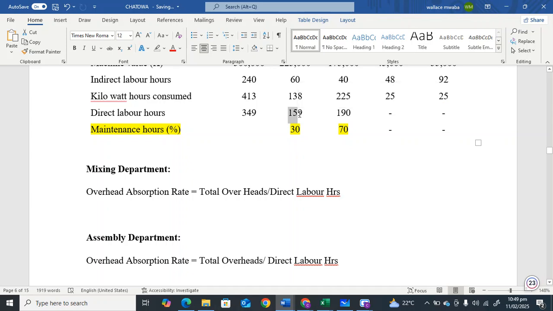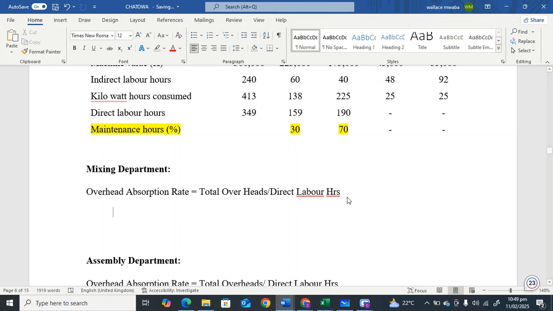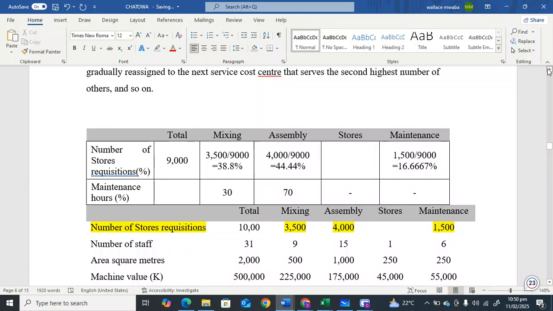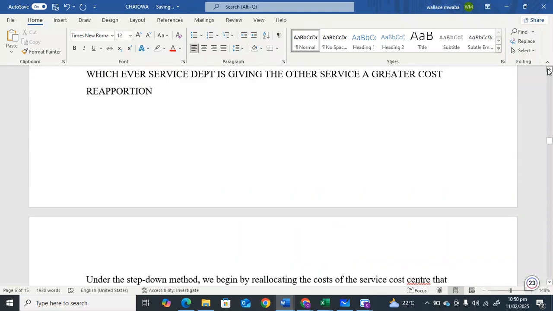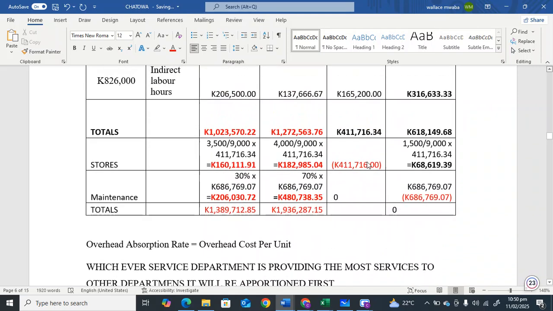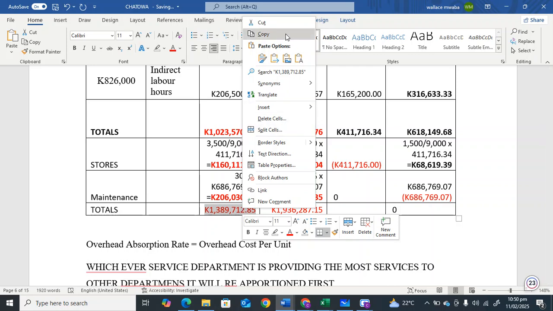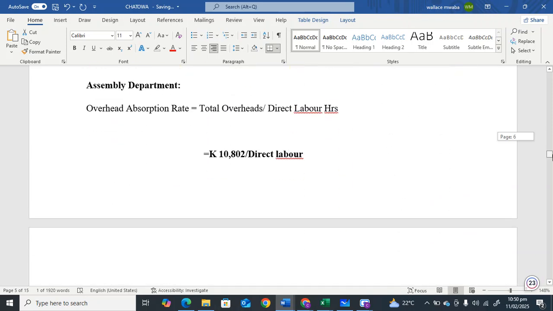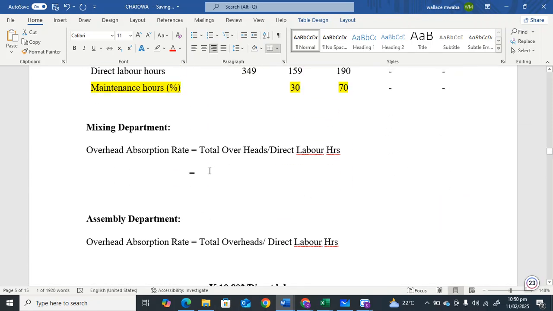So what you do is you get the overhead for the mixing department, which we said is 1,389,712.85.